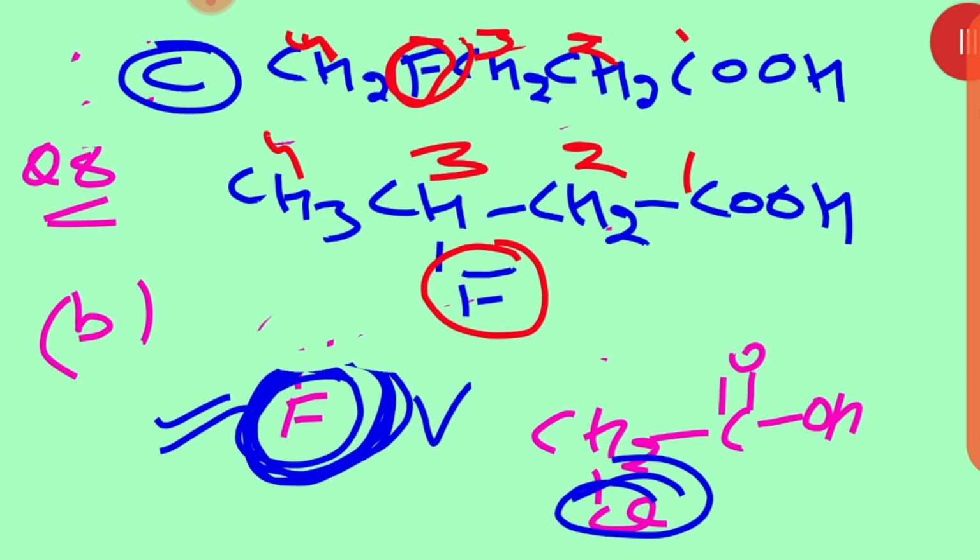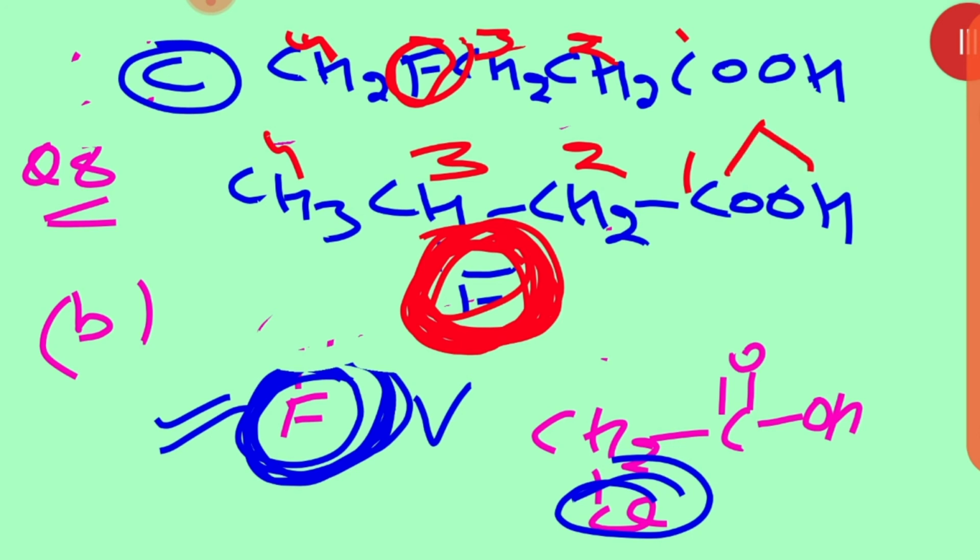Here it is coming at the 3rd carbon. So F is the same electron withdrawing group, but here F is closer to the COOH group. So that is why 3-fluorobutanoic acid is more acidic.